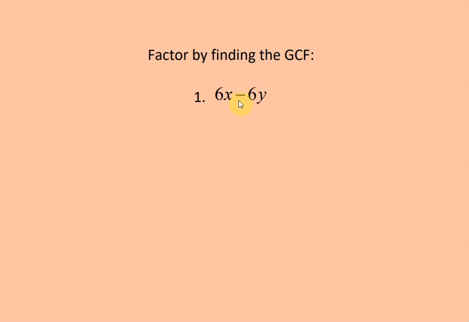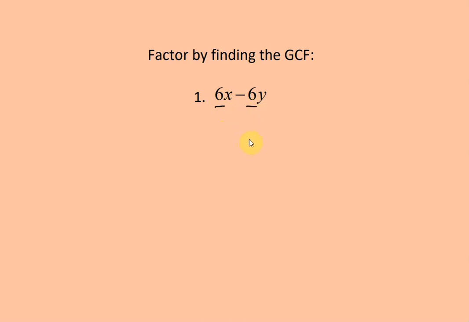In this binomial, we have 6x minus 6y. Whenever we have more than just a number or a variable, let's look at each part separately. So if I look at the numbers, I have a 6 in the first term and a 6 in the second term. So they both have a 6 in common.